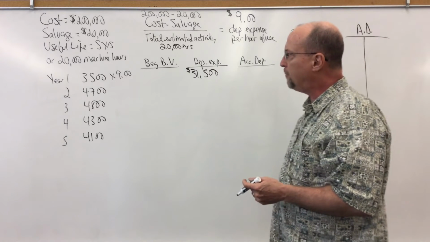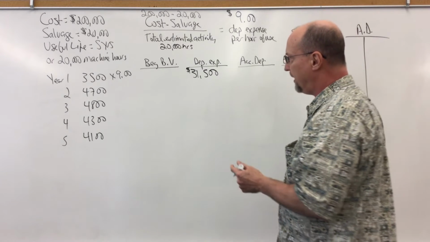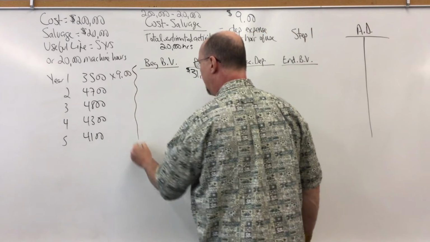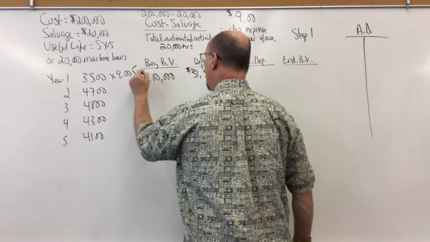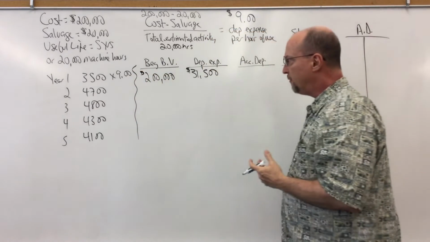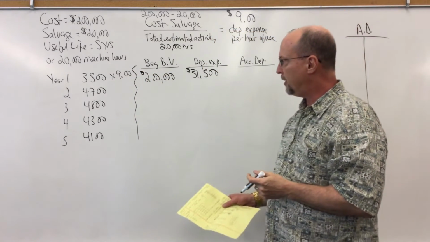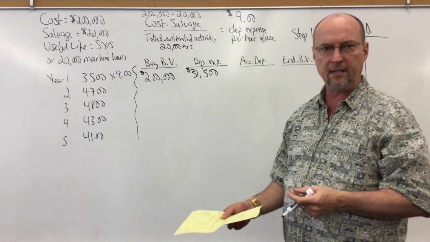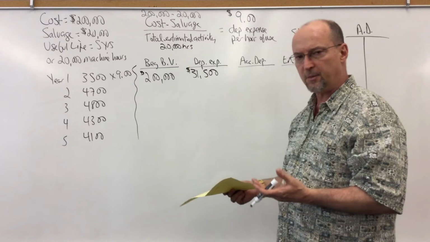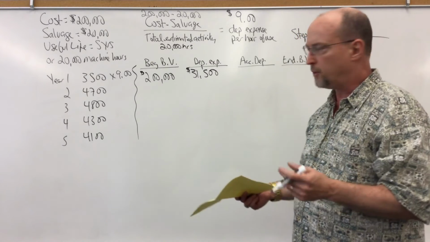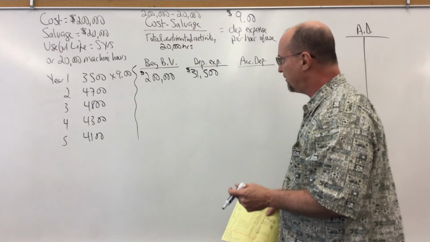Now, the beginning book value in year one, I'm going to put a little line separating this, is $200,000, which is the cost. And the reason we use cost as beginning book value in year one is because we have not yet recorded any depreciation. So cost minus accumulated depreciation of 0 equals cost.